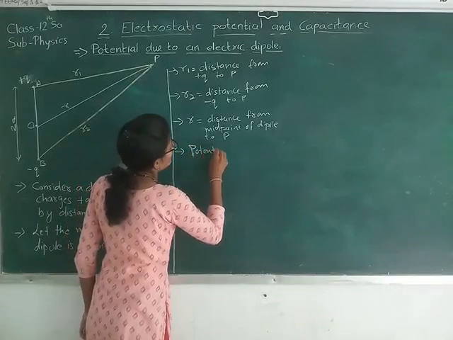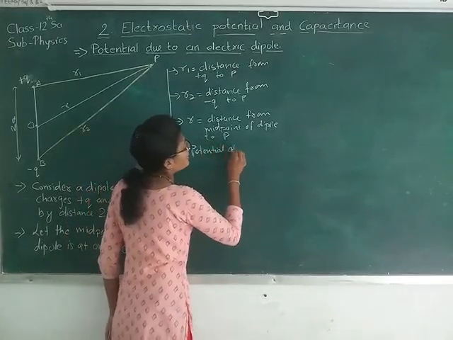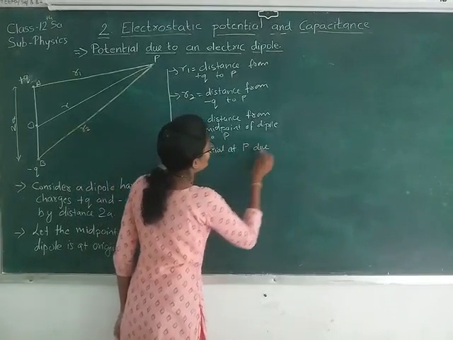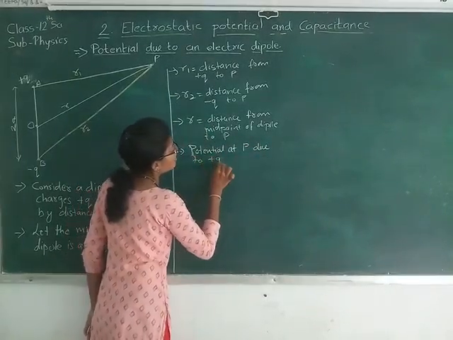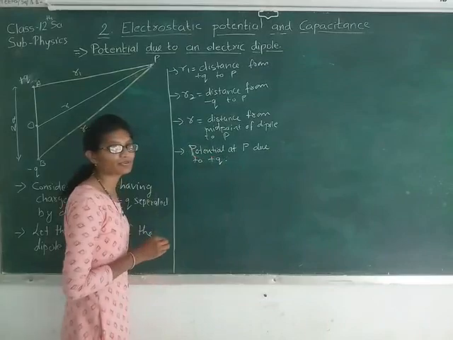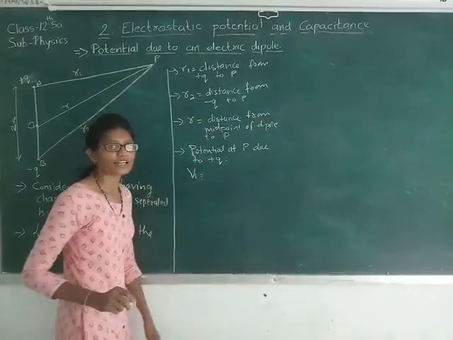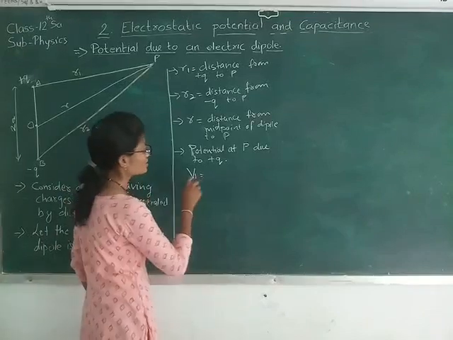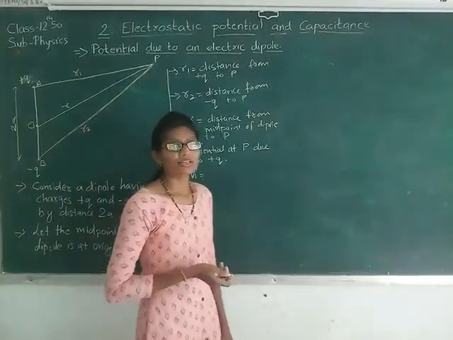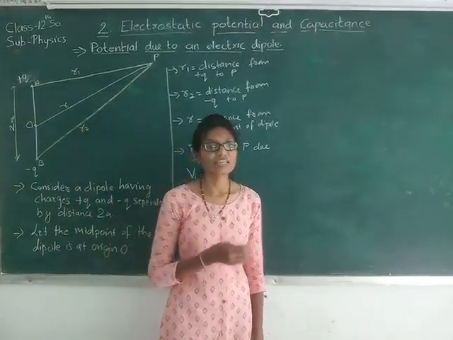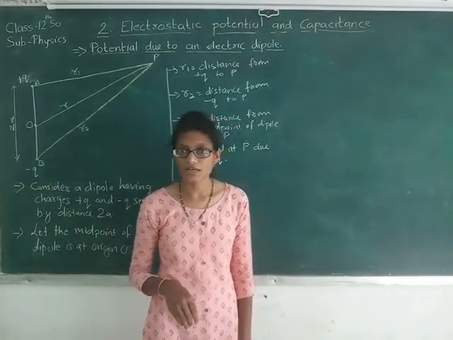So the potential at P due to plus q charge, let us consider that as V1. What is the general equation for the electric potential? That is V equals kq upon r.